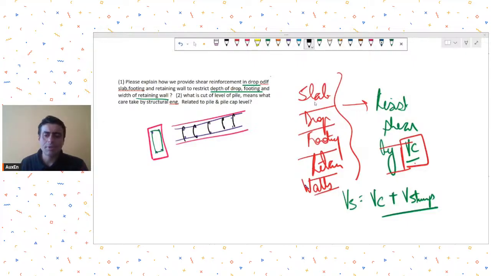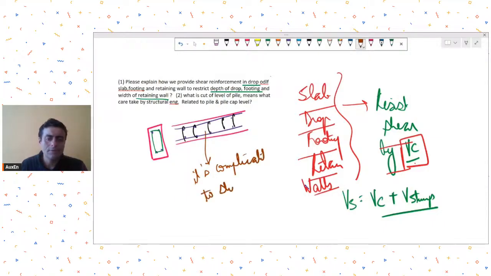The very simple reason is that it is complicated constructionally and execution wise to provide stirrups in these elements like slabs, drops, footings, retaining walls, or tank walls.